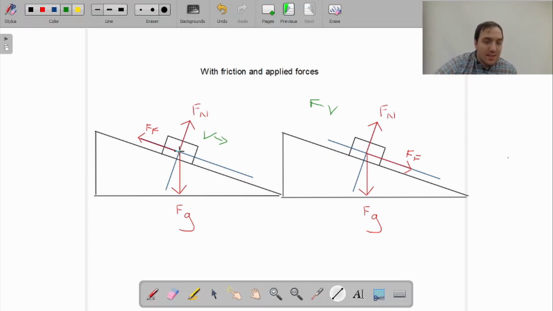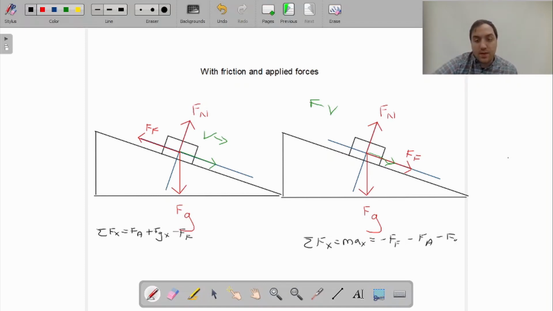So, for instance, in this case, if let's say we had a force pointed down the ramp, my sum of all forces in the x direction would be the force applied plus the force gravity in the x direction minus the force friction. Whereas if we had it pulling down the ramp in this one, my sum of all forces in the x direction would all be negative, minus force friction, minus the force applied, minus force gravity in the x direction.